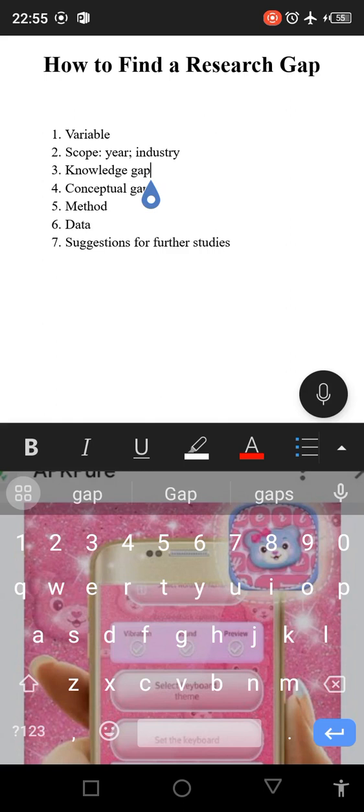Now, by definition, knowledge gap is demonstrating an in-depth understanding of a particular subject, where more research is needed to fill the gap. You have this kind of in-depth understanding of that area, and you felt that the way it is being discussed is not robust enough.